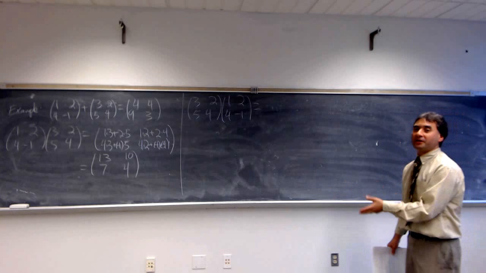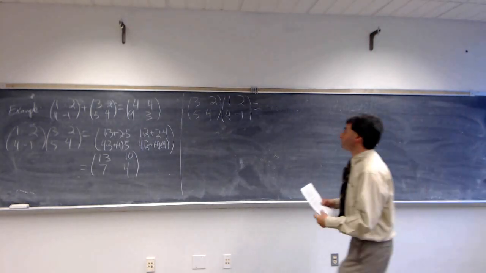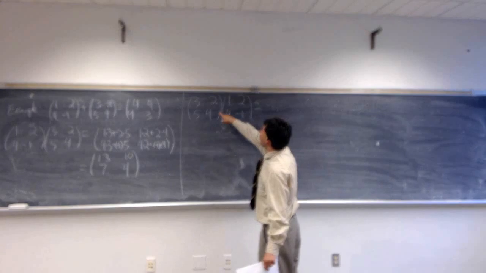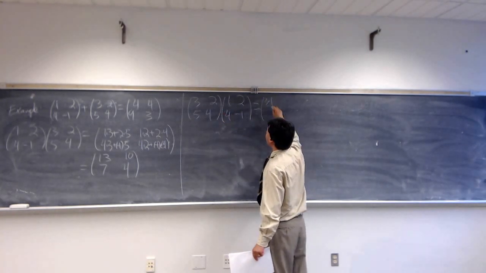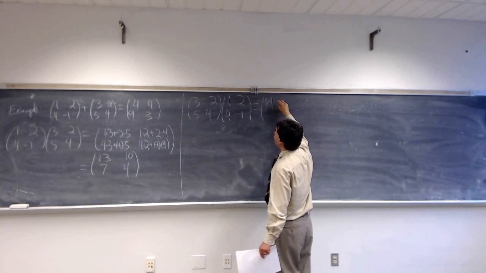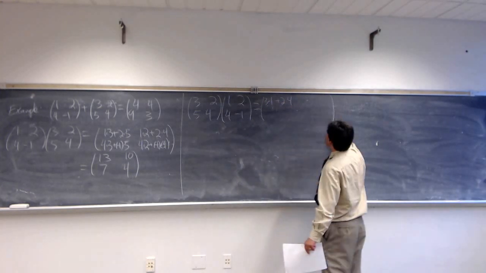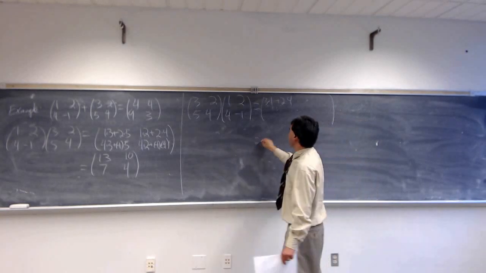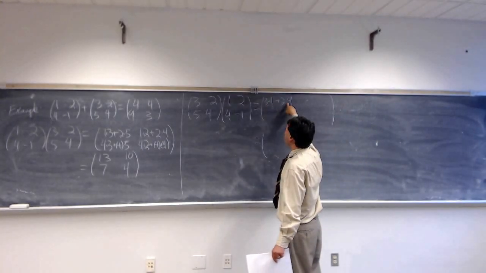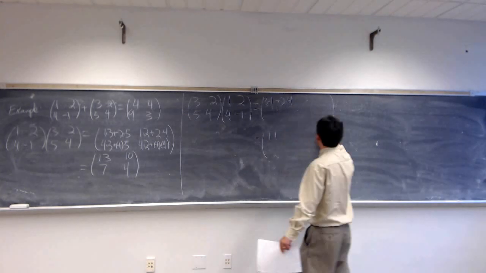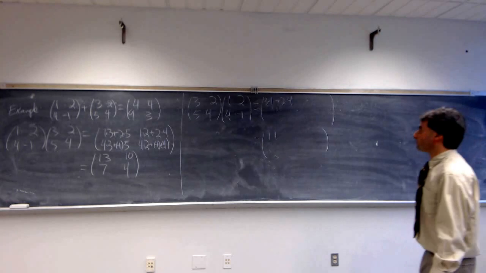We'd have to investigate further examples, or if we really think so, try to prove it. So let's go with this. This would now be 3 times 1 plus 2 times 4, and there'll be several other entries, but 3 plus 8 is 11. So automatically we see we get a different matrix.